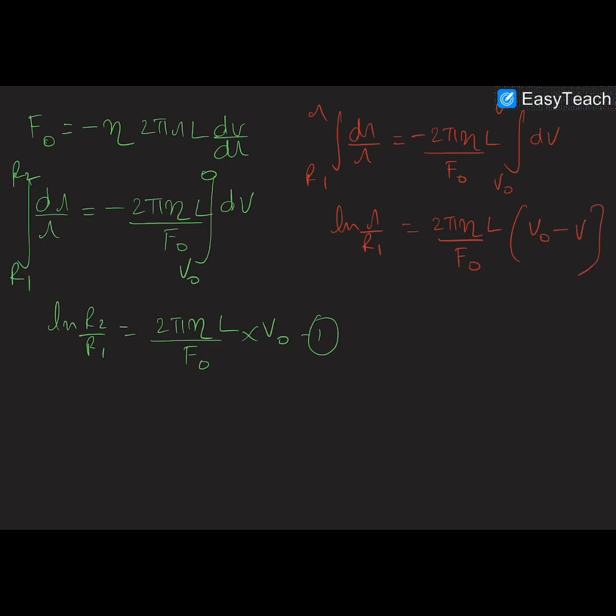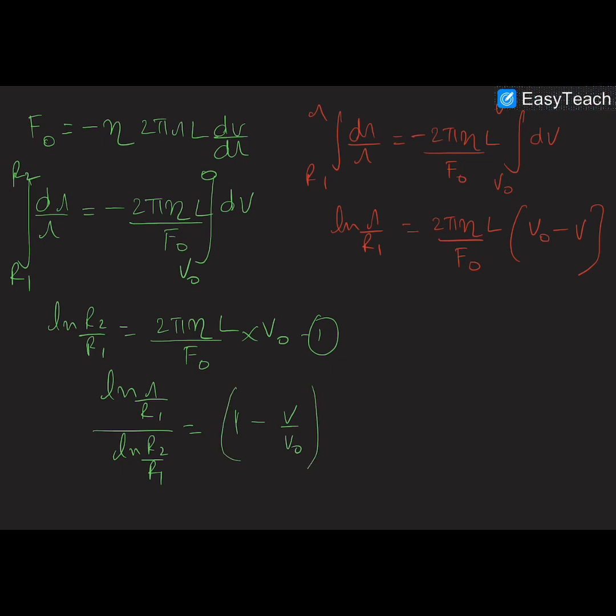Okay, so if we divide these two equations, we can say that ln r by r1 upon ln r2 by r1 is equal to 1 minus v by v naught.